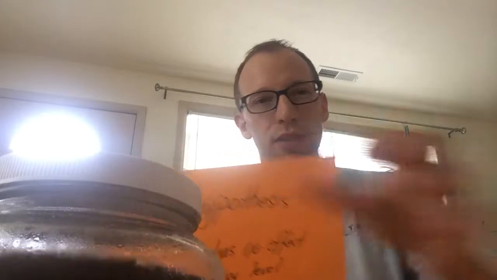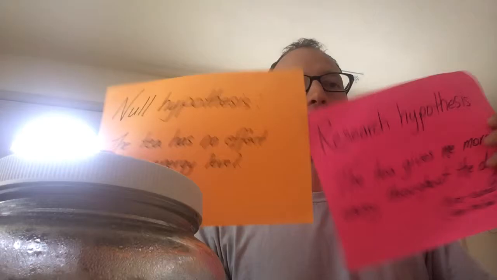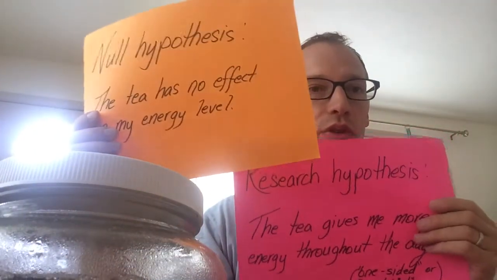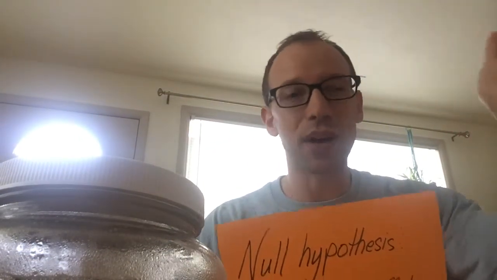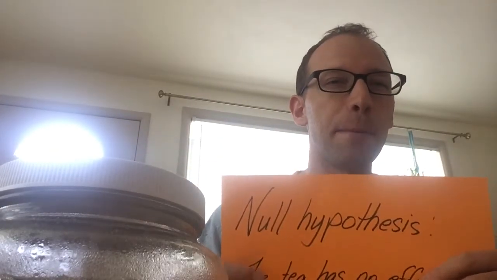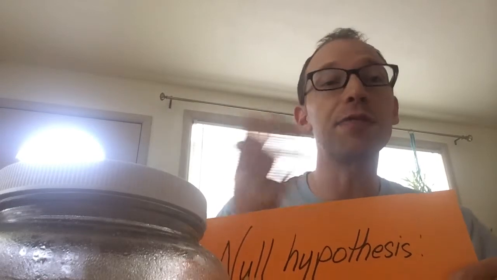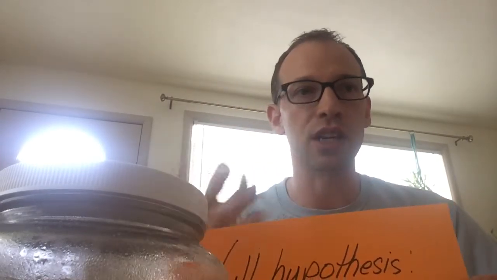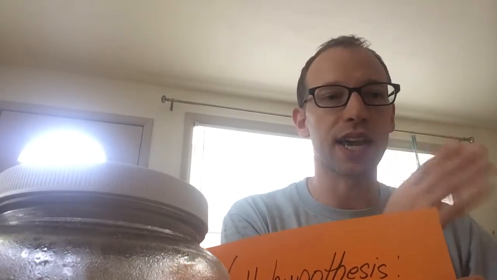So when we set up the research hypothesis and the null hypothesis, we want them to be so that one of the two will be true. One of them should be true. Now in this case, when you have a one-sided test, there is the possibility, I guess, that the tea could reduce my energy level, which is why on a one-sided test, you usually don't use that unless you're very confident that if there's an effect, it'll be in a certain direction, or potentially, if there's a negative effect, you don't care about it at all.